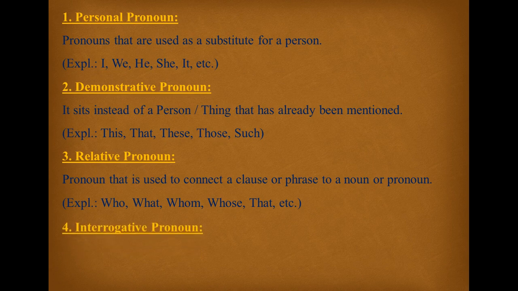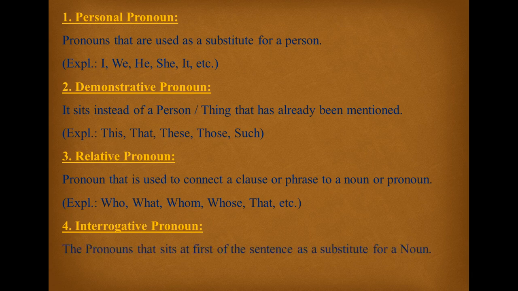Now interrogative pronoun, number four. I have given this serial number so that you can understand easily. What is interrogative pronoun? The pronouns that sit at the first of the sentence as a substitute for a noun. We find the interrogative words at the first of the sentence, and at the last of the sentence we get a question mark.